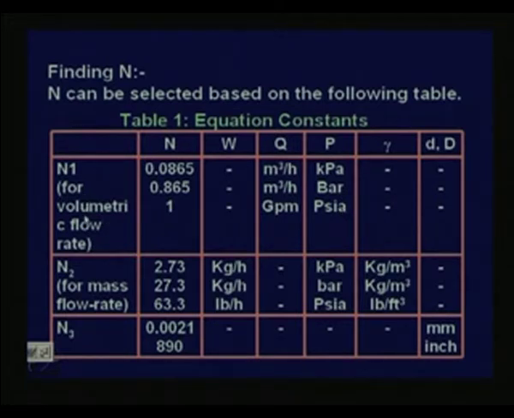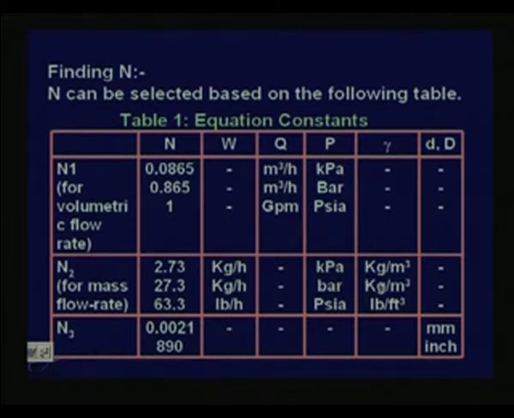Now, this is for the volumetric flow rate. For the mass flow rate, if pressure is in kilopascal, gamma, which is the density, is in kg per meter cube, and the flow is in kg per hour, we will choose accordingly.